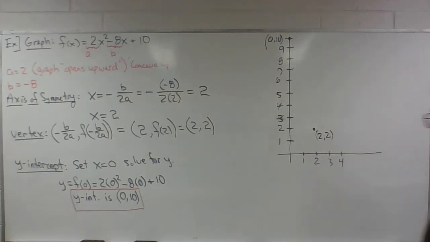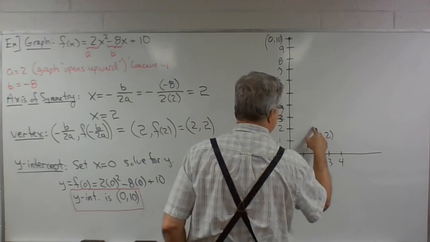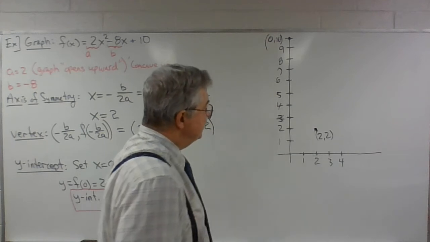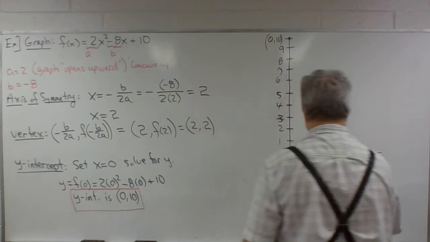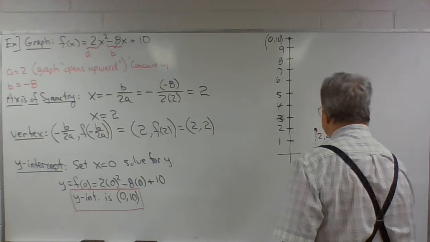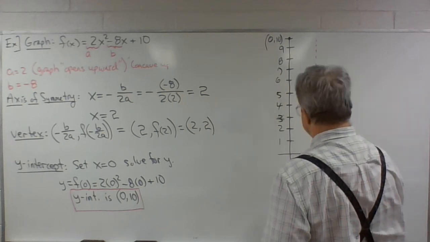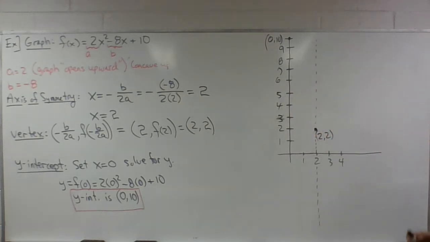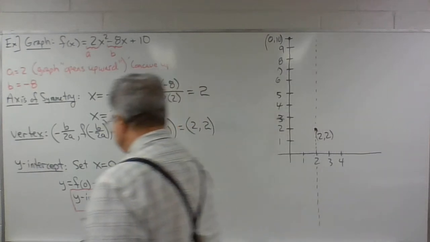That's our vertex. And let me move it a little bit over here. And the axis of symmetry runs vertically through that vertex, doesn't it? We can use symmetry, right? Let me write that down.